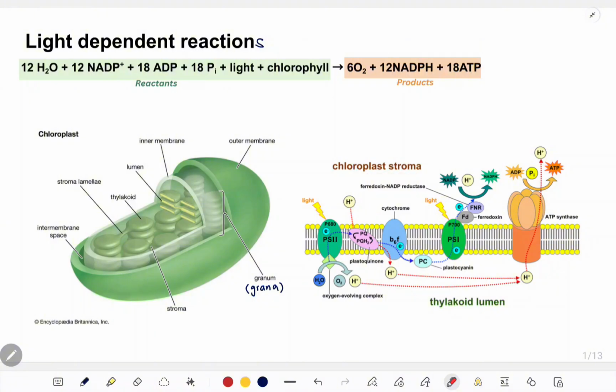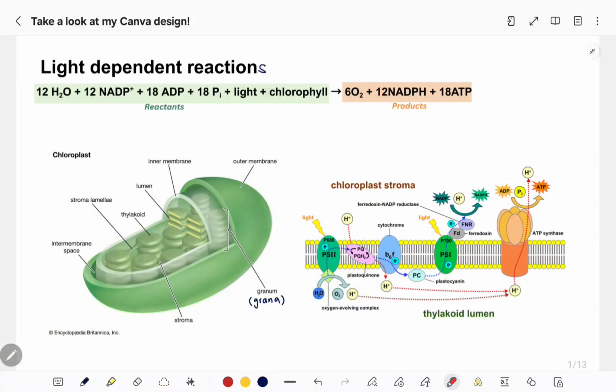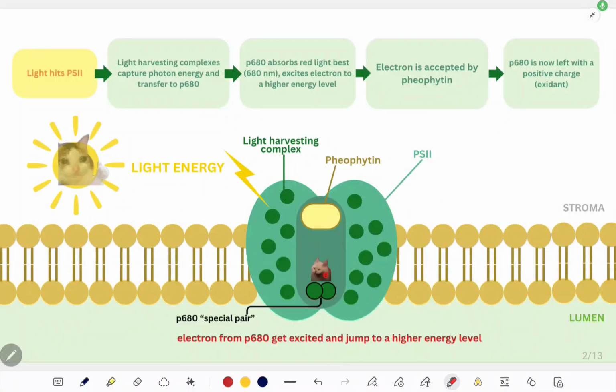So the light-dependent reactions are essentially an electron transport chain that is powered by sunlight. The process starts when pigment molecules or chlorophyll in photosystem 2 absorbs light. Here's how that happens.